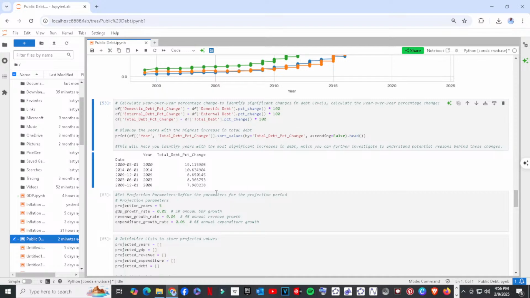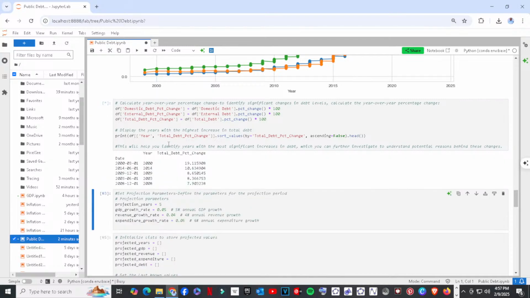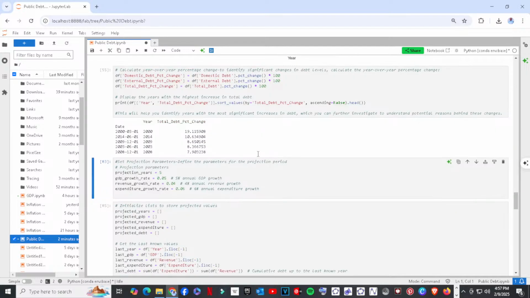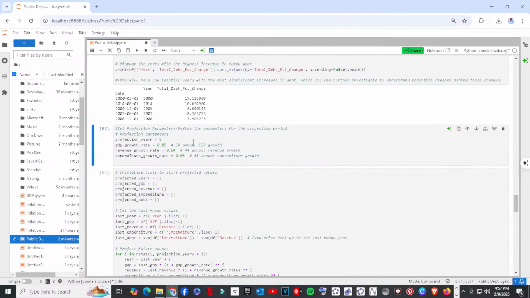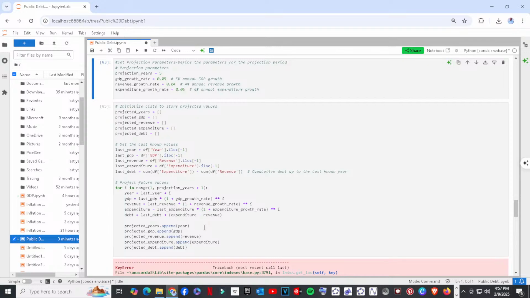Now, the next thing we need to do, and I'm not going to do it now, but in my next presentation I intend to talk about projecting future values of the debt.